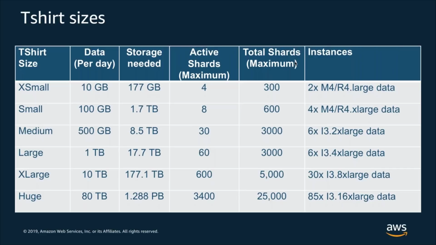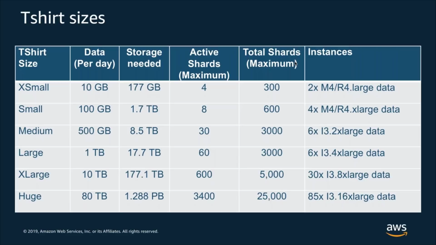And I will say, as an asterisk, this table is built before we supported the 5 series instances. So this is it if we didn't have 5s. Now that we have 5s, things have changed a little bit. We have to come back and revisit this. But the idea here is to look at what is the maximum storage I can get per instance, divide that by how much storage I need, and then I get an instance count and an instance type.